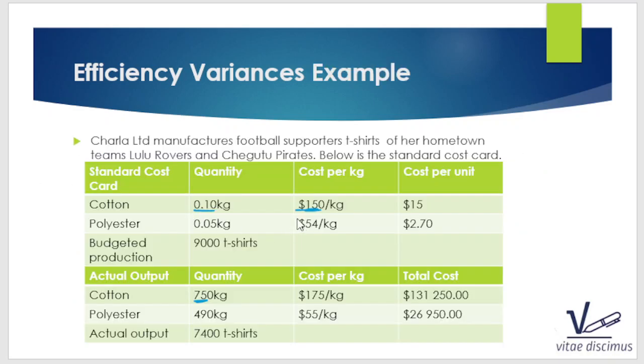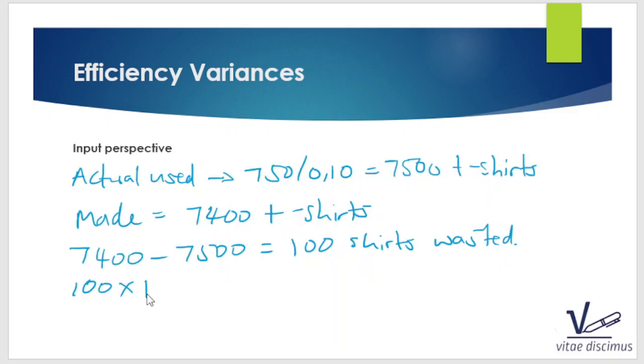If we look at here, each shirt was using $15 worth of material. So if you waste 100 t-shirts, each coming at $15 in terms of cost, it means that you're going to waste $1,500. So again, it's unfavorable because you are not happy.